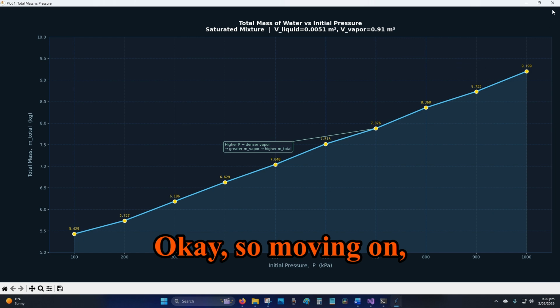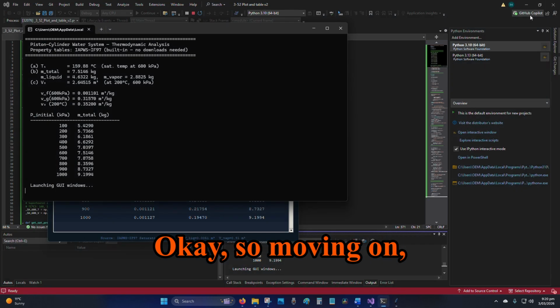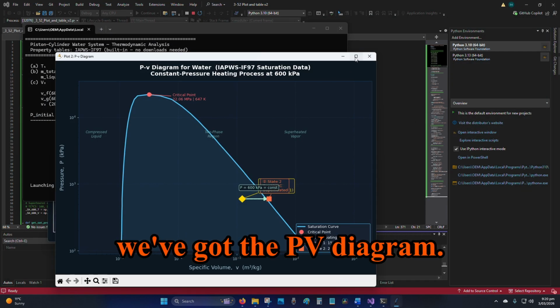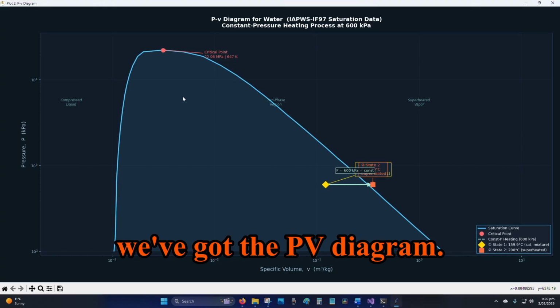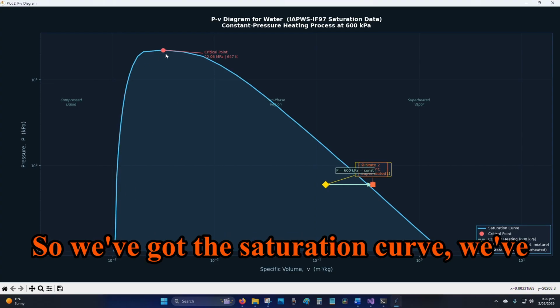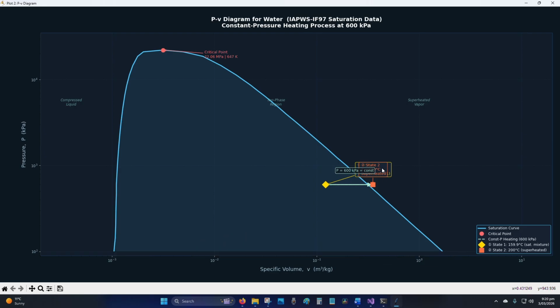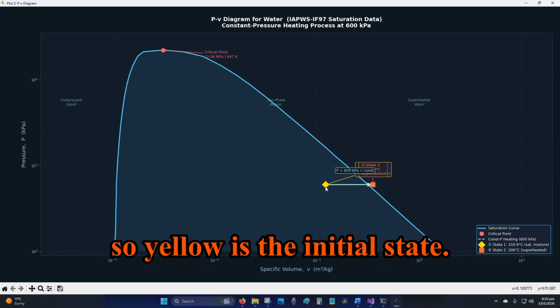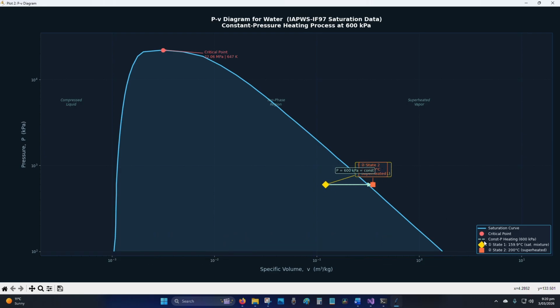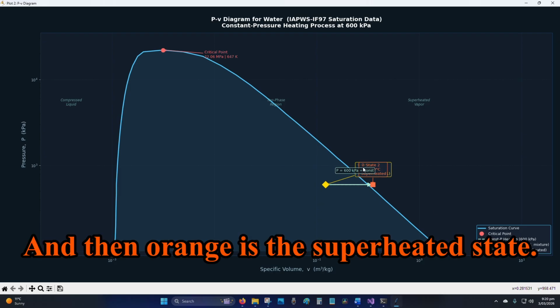Okay, so moving on, we've got the PV diagram. So we've got the saturation curve, we've got the critical point up top, we've got these two states. So yellow is the initial state, and then orange is the superheated state.